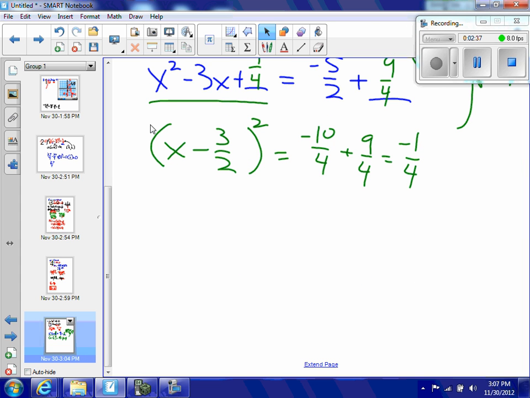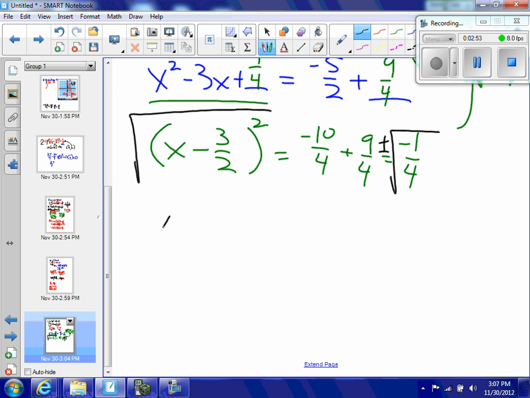Now what I'm going to do is take the square root of both sides. Square root here, square root here. As soon as you put a square root sign, put in your plus or minus so you don't forget it. Just make that part of the habit when you have a square root.